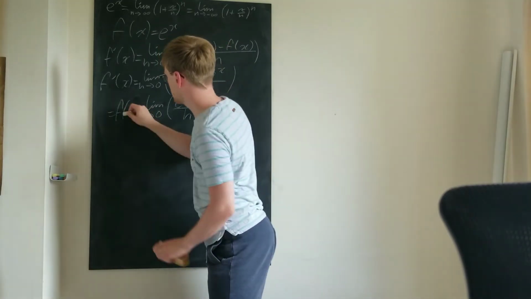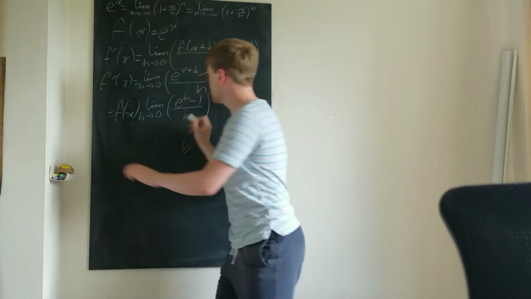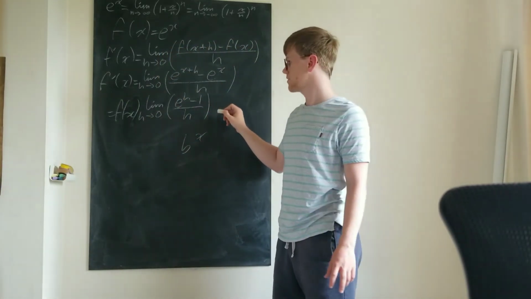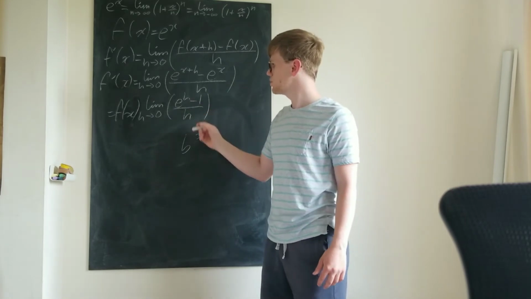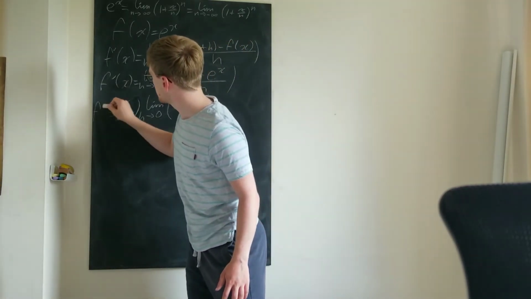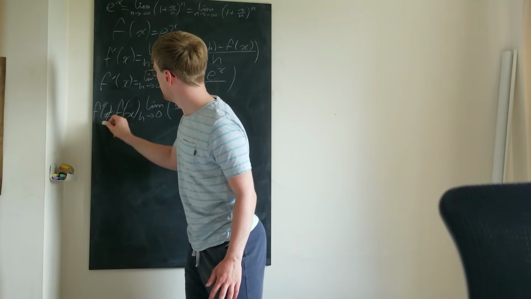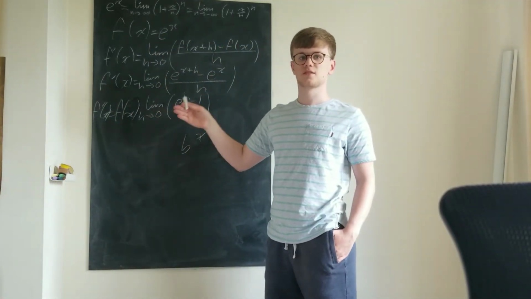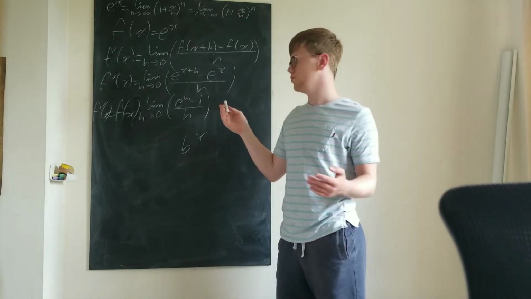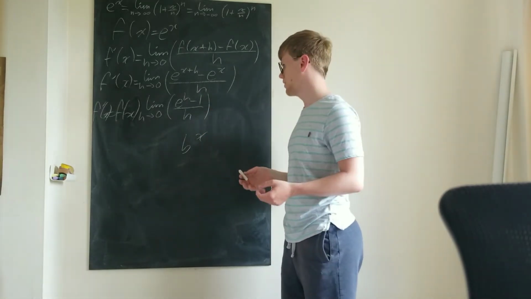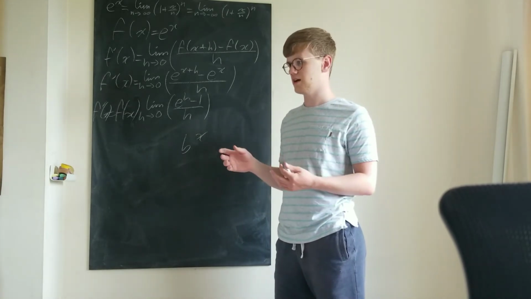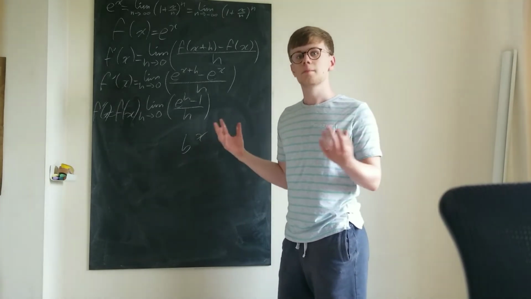And this part here, this limit as h approaches 0, does not change with the value of x. So this is some constant, which means that for any exponential function, not just e to the x, we have the derivative is proportional to the value of the function at that point. And e to the x is the special function which has the property that it is not just proportional, but equivalent.